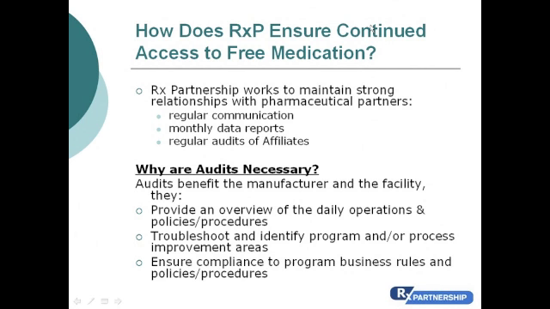So this is where you're only as strong as your weakest link, and we've got to make sure that all of our clinics, all of those eligibility screeners working at all those different clinics are doing the best job possible and really understand why what they're doing is so important. So audits benefit the manufacturer, but also the facility, because it can provide you with some information about how to make some enhancements.